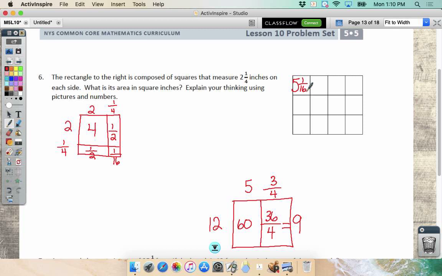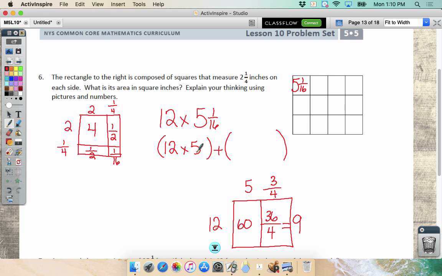Add them all, or do you want to multiply them all? Multiply them all? Okay, so how many total squares here? 12. So 12 times 5 and 1/16. We can do this. Let's solve it numerically. Okay? So first, multiply your whole numbers. 12 times 5.